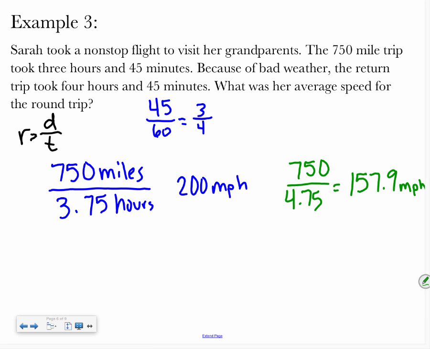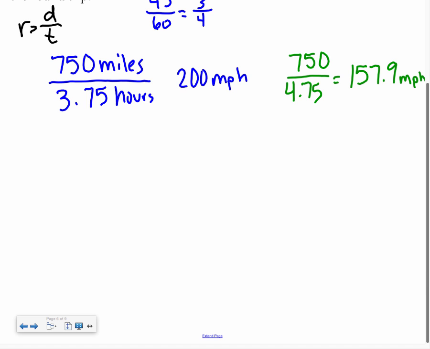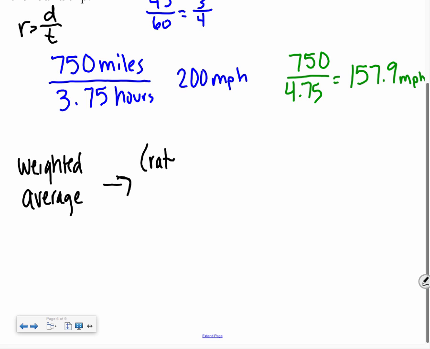Now, in order to do a weighted average of these two, the way that you do these, because those first two steps are hopefully fairly straightforward, but for the weighted average, you do the rate of going and then the time of going plus, I wrote too large.